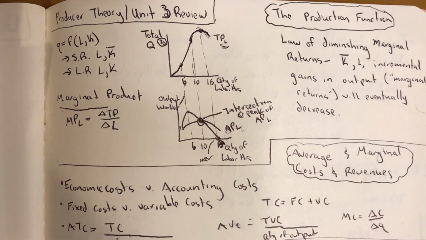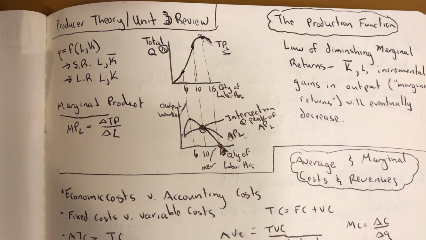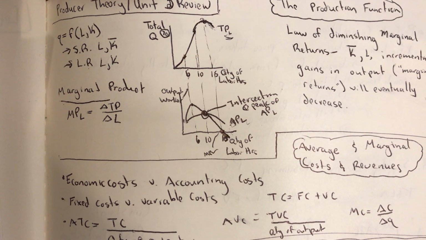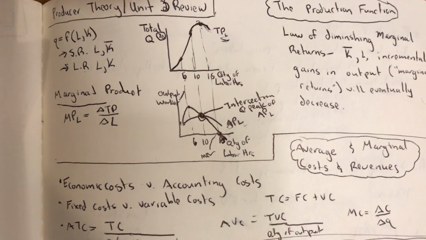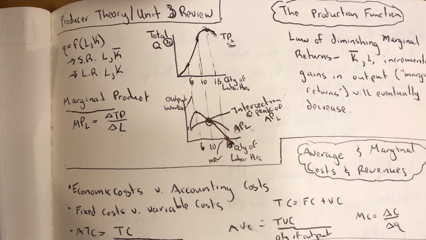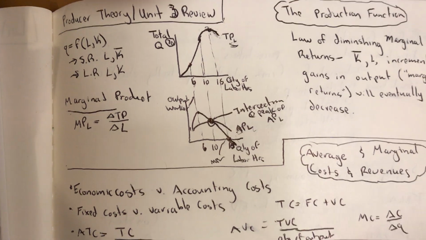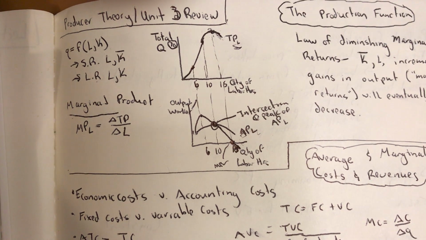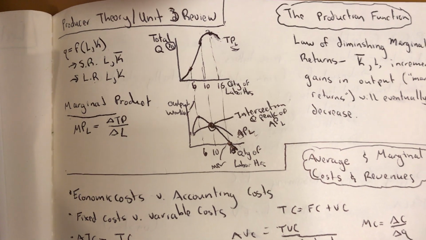We should expect them to experience diminishing marginal returns with the addition of additional units of labor. Or we should expect diminishing marginal product to kick in. Or let me articulate this a different way.